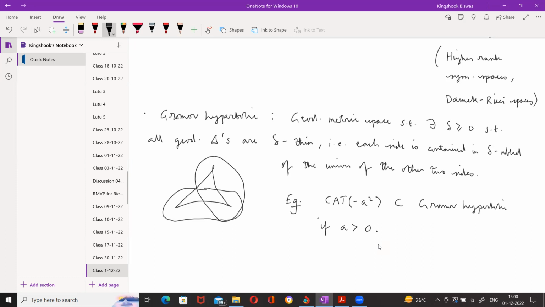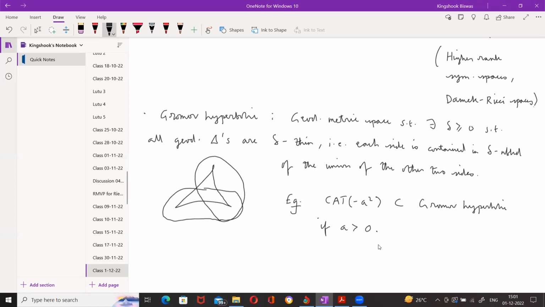So a strictly negative curvature upper bound implies Gromov hyperbolic. But the converse is not true. So Gromov hyperbolic does not tell you anything about sectional curvature or local curvature bounds.